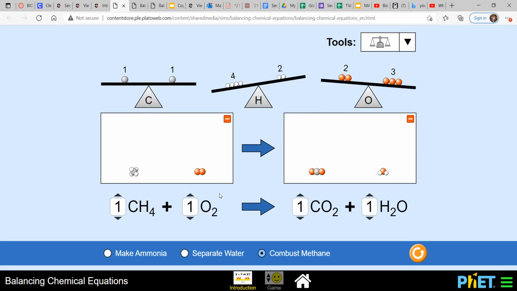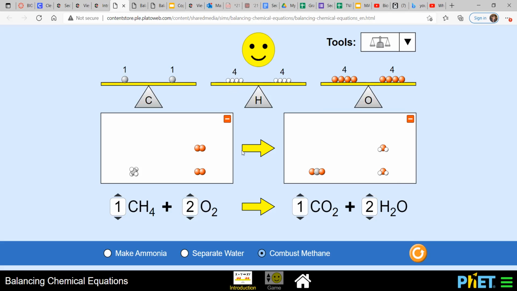And what we need to do is add an oxygen over here, and there you go, or H2O over here. And now we have balanced carbon, hydrogen, and oxygen. So we have 1 methane molecule, 2 of oxygen, 1 CO2, and 2 H2O molecules.